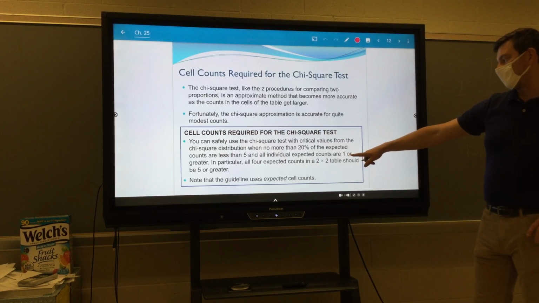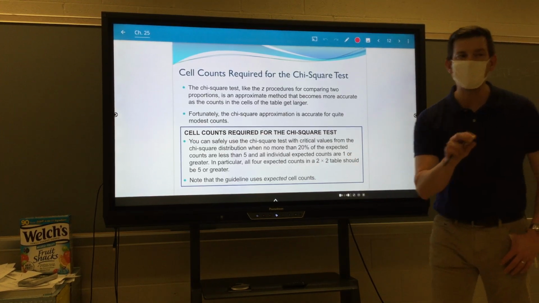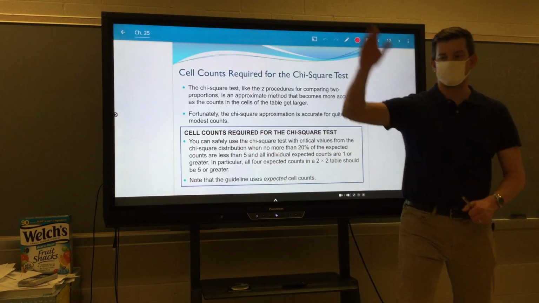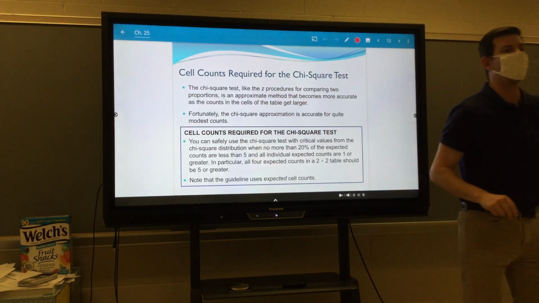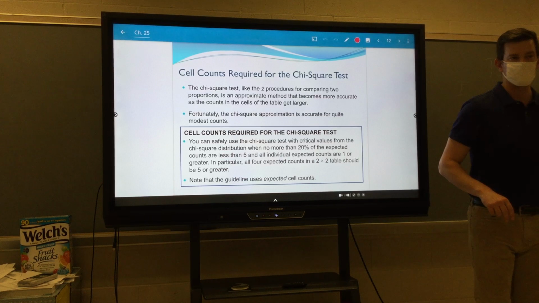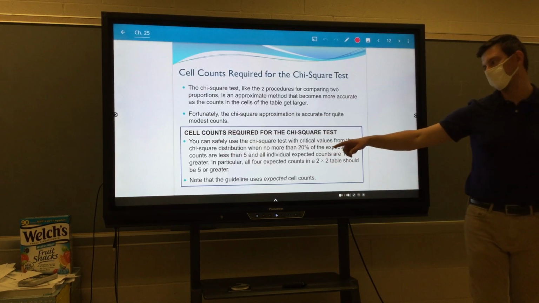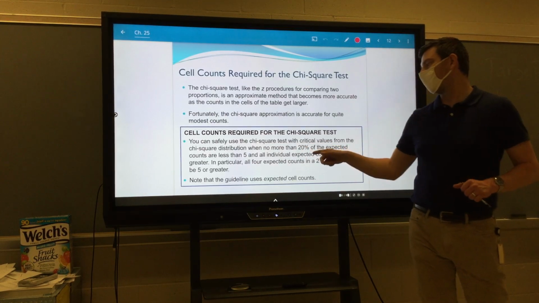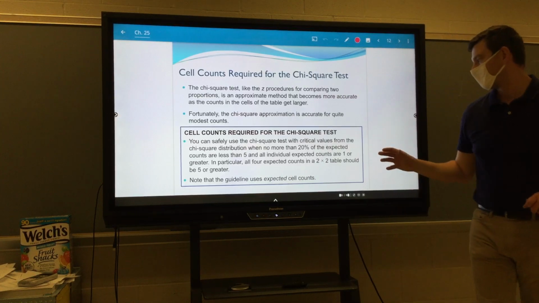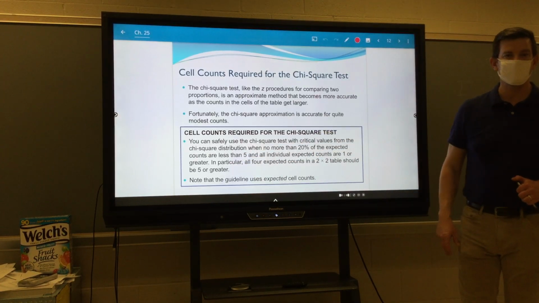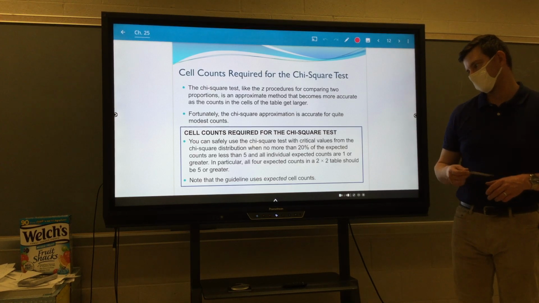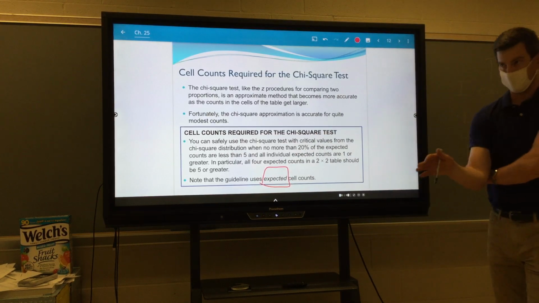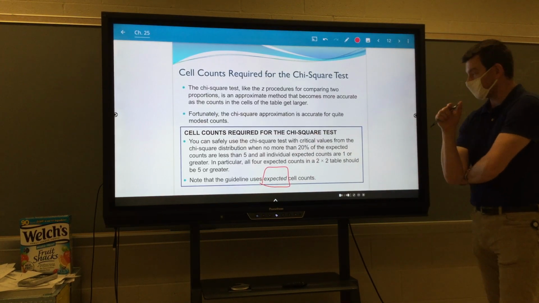But as long as the individual counts are greater than 1, okay, you might run into some problems like for an other category, like do you believe this, or are you other? Sometimes those others are pretty small and could give you some problems. But as long as they're bigger than 1, that's good. And as long as no more than 20% of all of those expected counts are less than 5, then you're good for these procedures. These use the expected cell counts, not the observed. So you have to go through and look at those expected values.